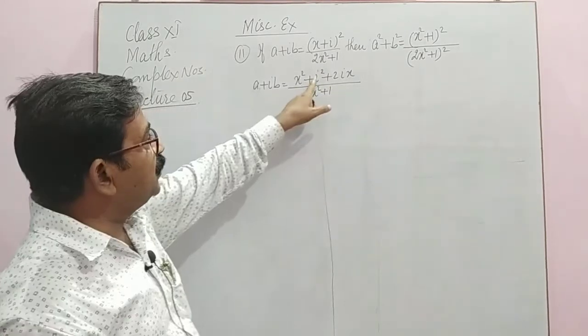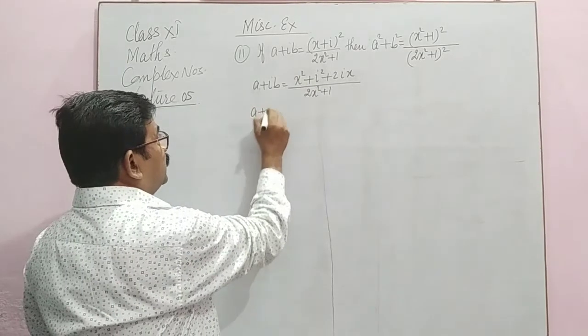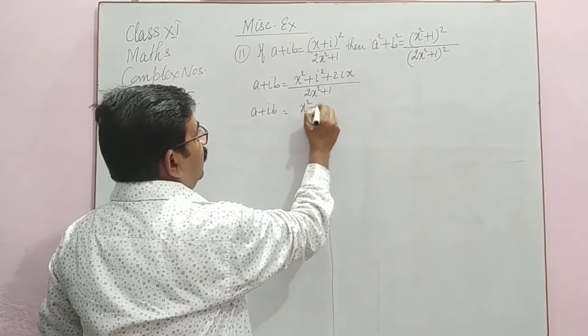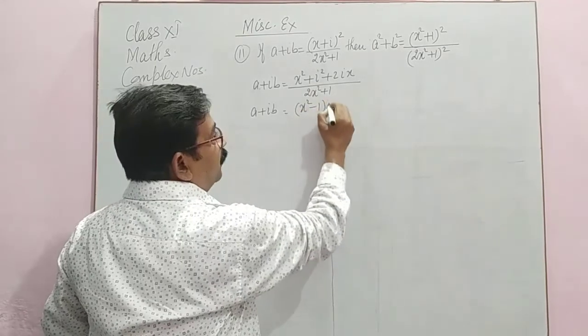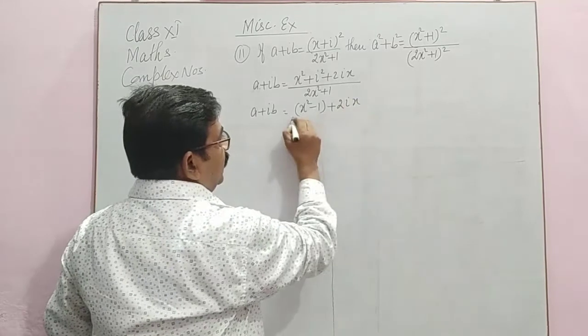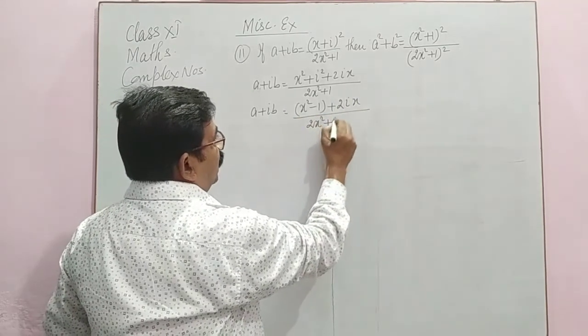Here i square is equal to minus 1. Got it? So we have a plus ib is equal to x square minus 1 is the real part plus 2ix is the imaginary part, upon 2x square plus 1.